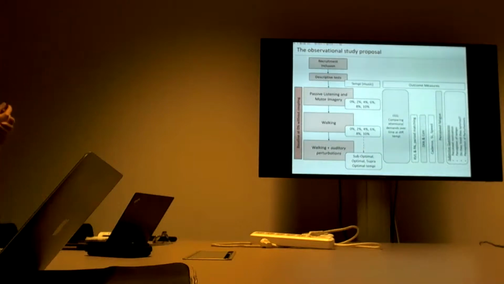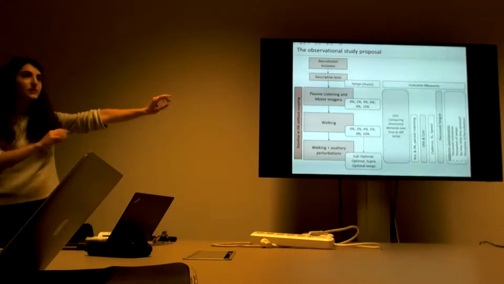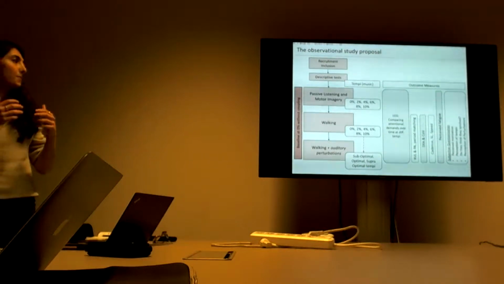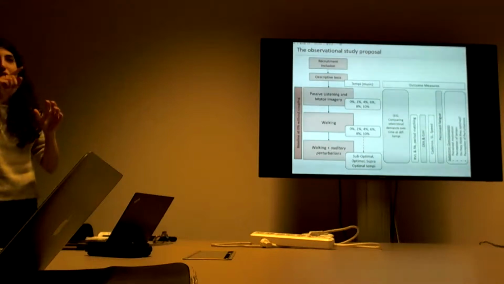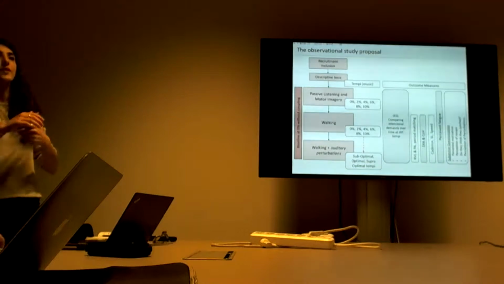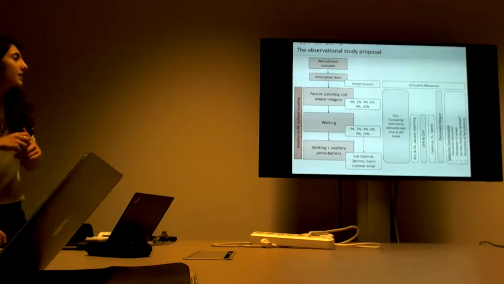So the idea here is, at the walking part, to see what is the condition in which participants had an optimal, and this is a question mark, how do we define it? Last time we defined it as a condition in which they synchronized more and had to maintain stride length.